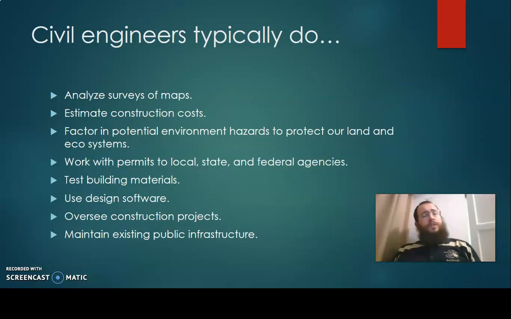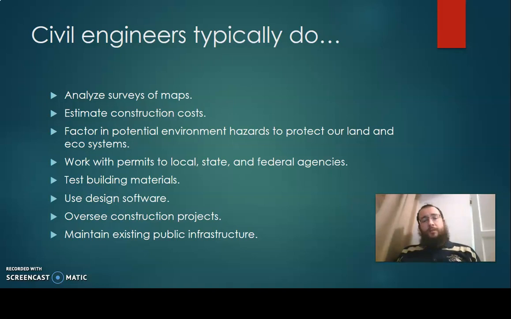Now, what do civil engineers typically do? Well, they analyze survey maps, estimate construction costs. You don't want to build something if you don't have an idea of how much it costs. Factor in potential environmental hazards in order to protect our land and ecosystems. They work with permits.